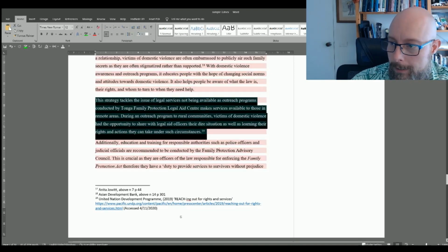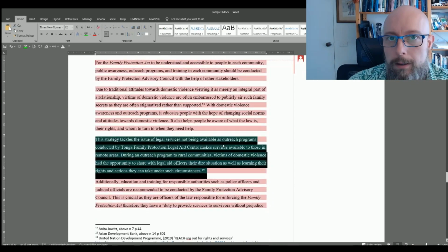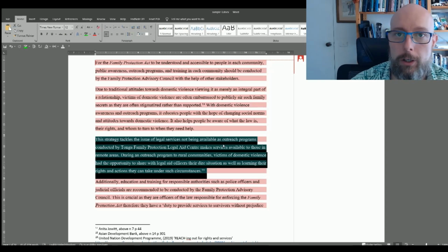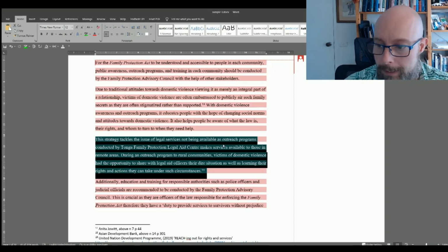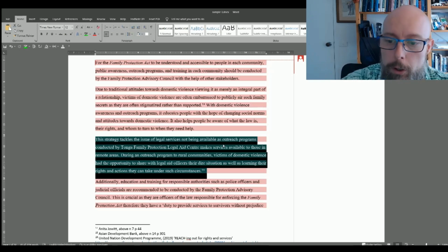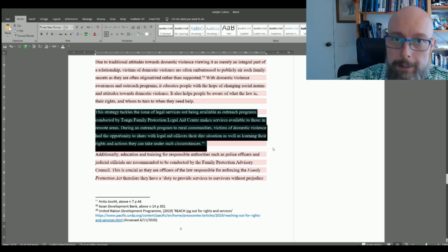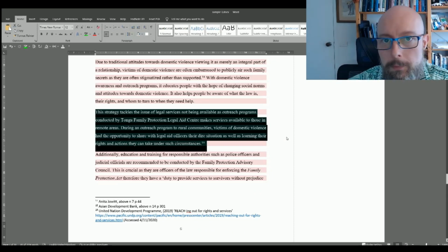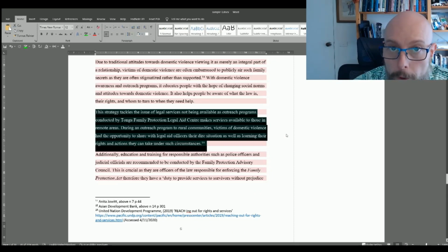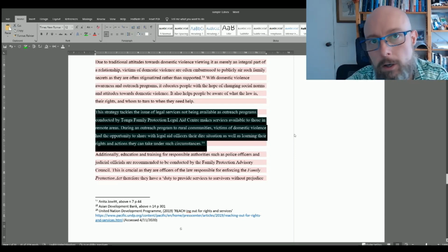But what I'm seeing is this student is saying, hey, look, use existing groups like legal aid that are engaging in these outreach services. That includes dealing with, in rural communities, victims of domestic violence and so on. Let's leverage these existing programs and support those existing programs, and maybe just expand the scope slightly.